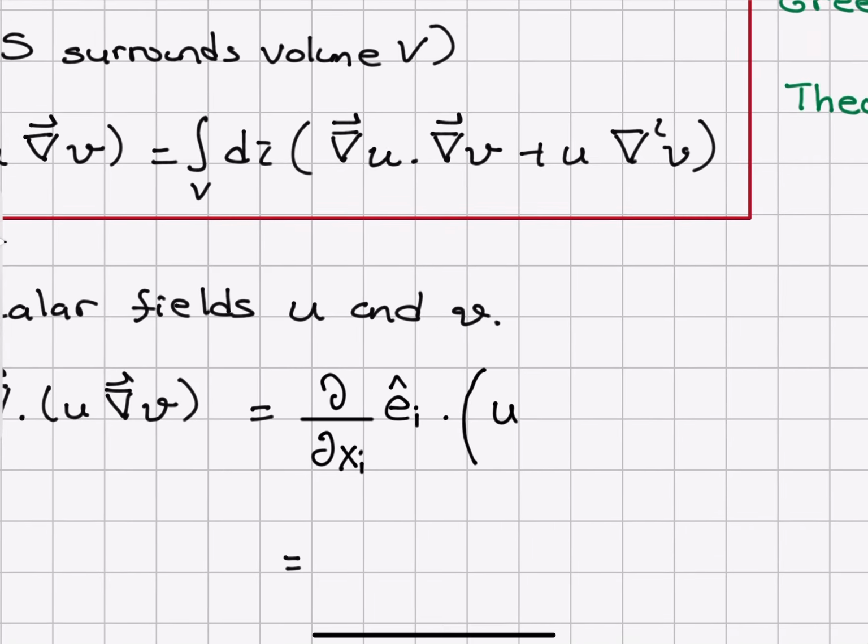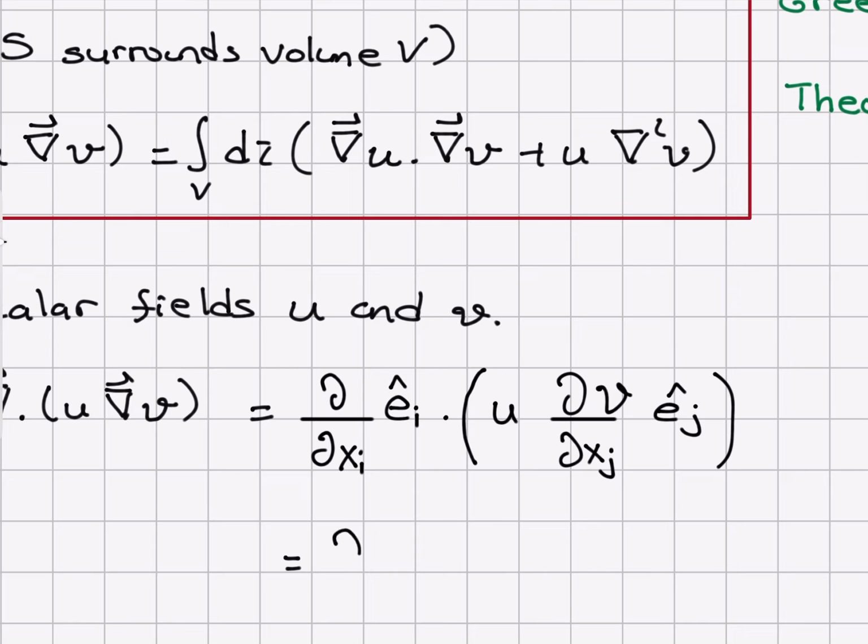Now the gradient of v is ∂/∂xj applied to v in the ej hat direction. Okay, so we have ei hat dot product with ej hat, so we can consider that.